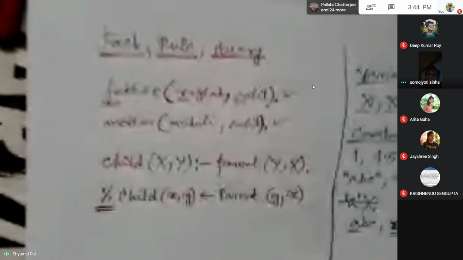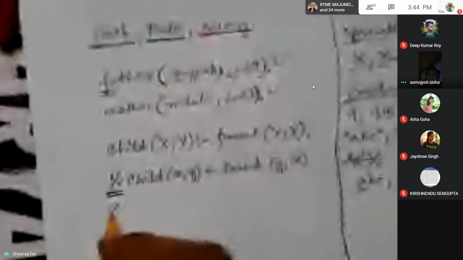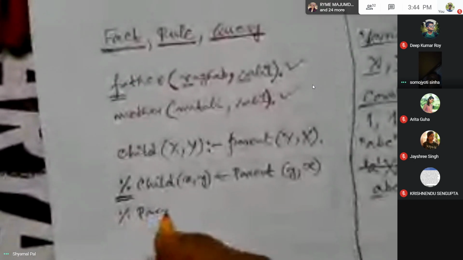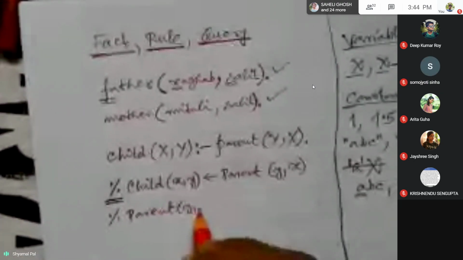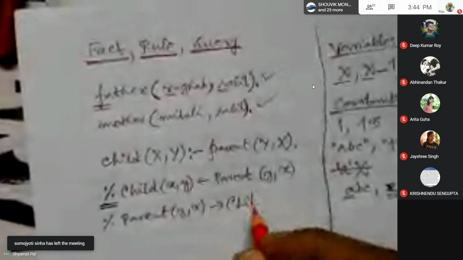Now if I am reversing the first one, then I may also write parent as we normally write, that is the towards right arrow. So y comma x. I think no problem will be there.